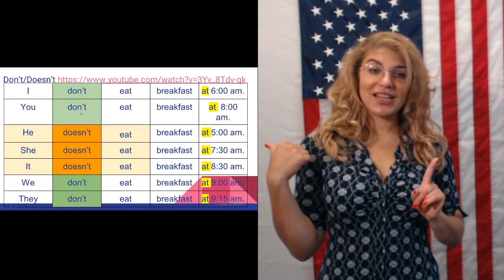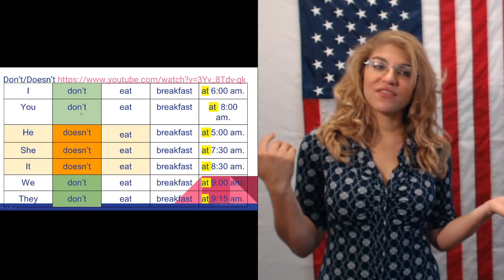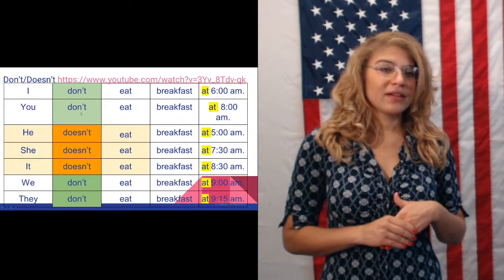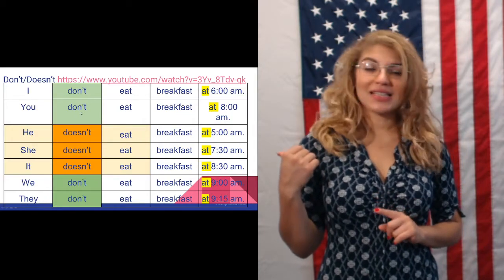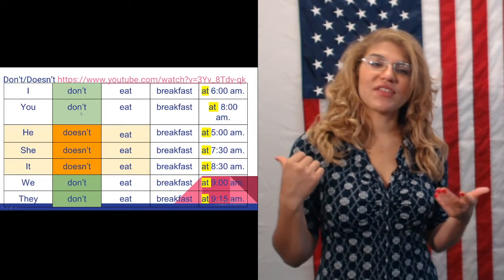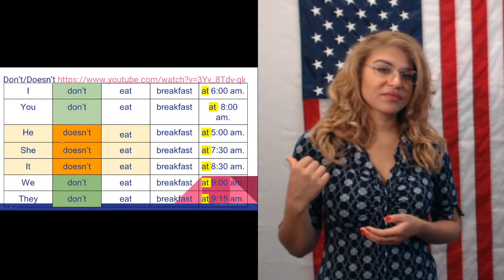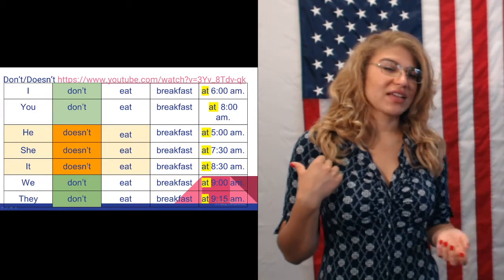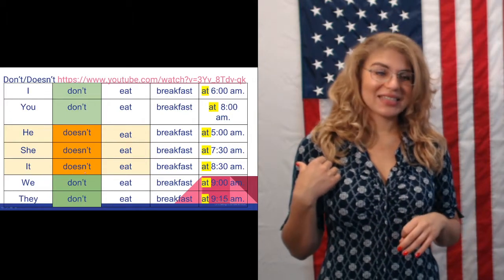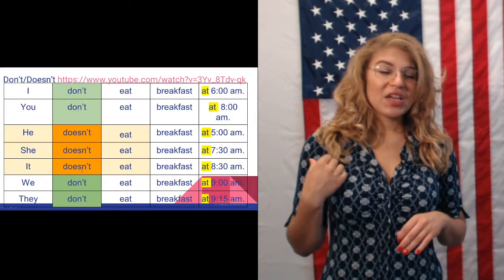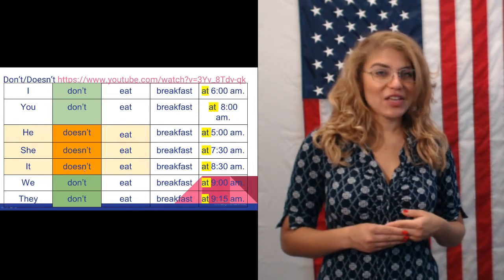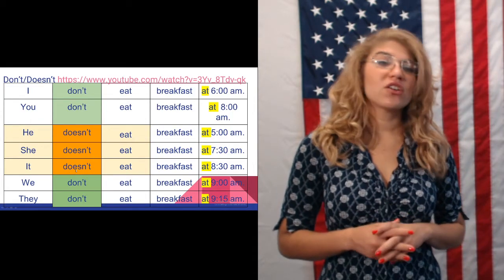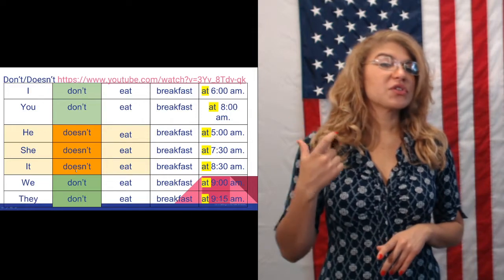He doesn't eat breakfast at 5 a.m. She doesn't eat breakfast at 7:30 a.m. He doesn't eat breakfast at 8:30 a.m. For the third person singular, we will change our auxiliary from don't to doesn't.